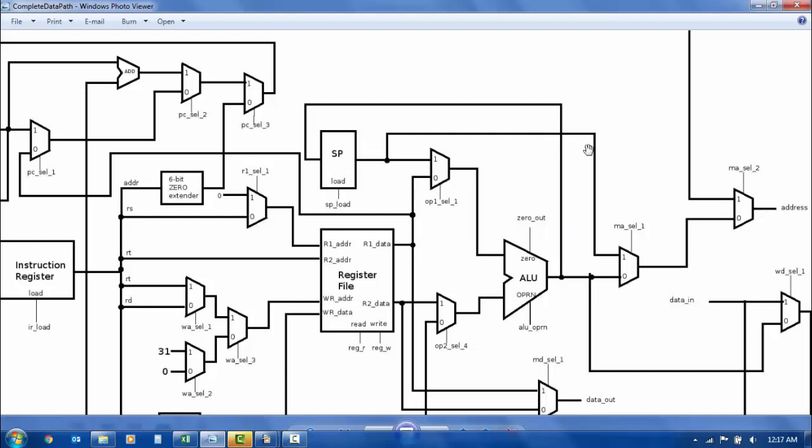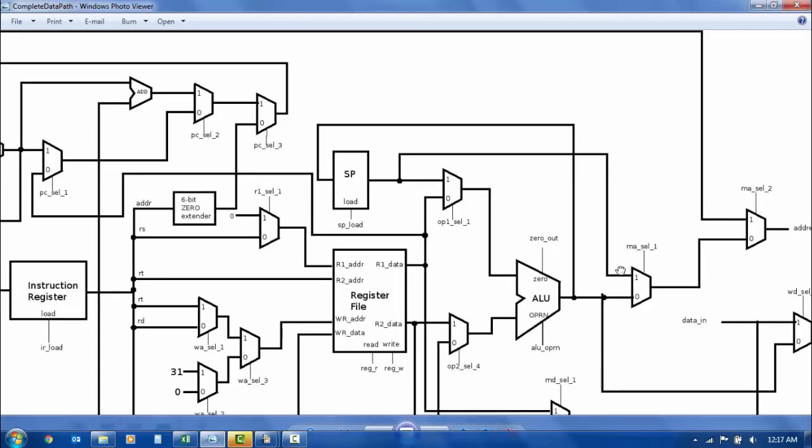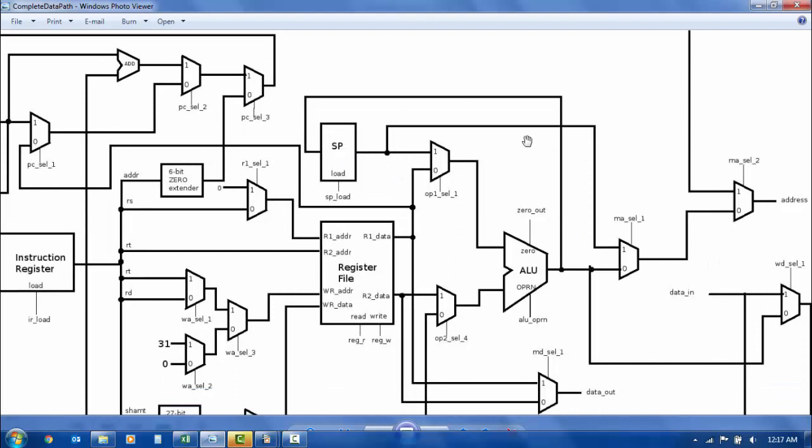That's where we are reading the data from. Stack pointer pop is all about stack pointer reading. Whatever address this guy is storing, we want to send to the memory. So we must make sure MS selection 1 is 1, like the stack pointer data coming through this multiplexer, and then MS selection 2 is 0. That must be during your memory access phase.